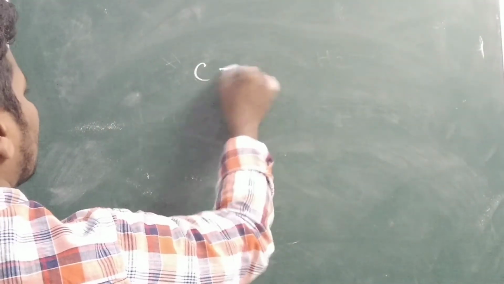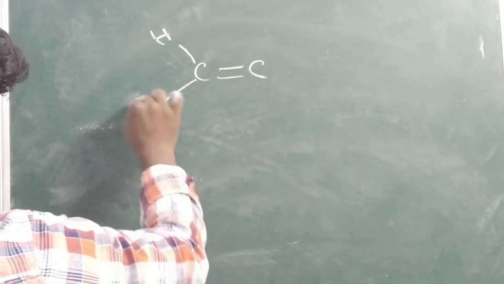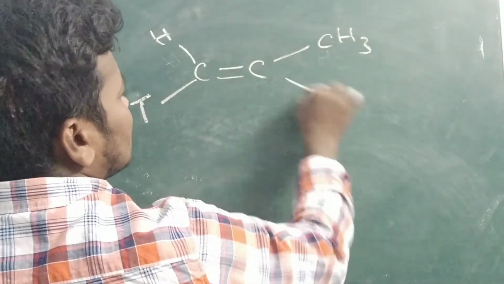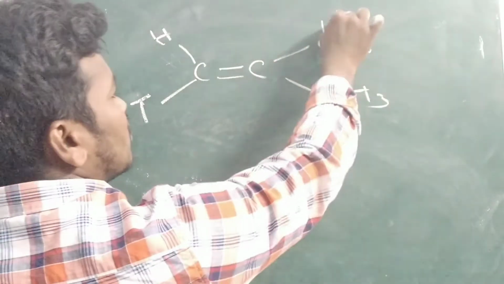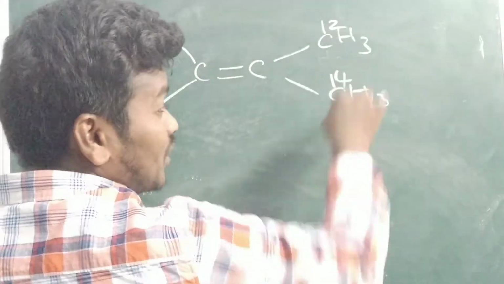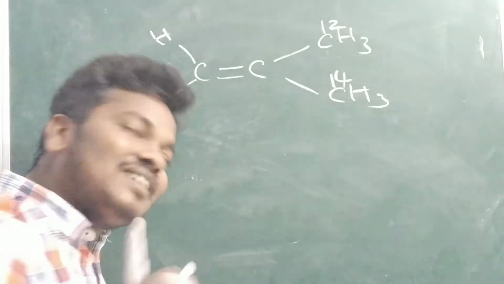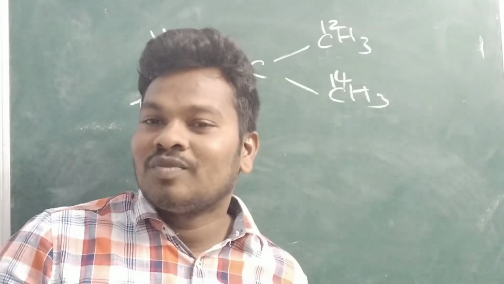So you can see carbon to carbon, here hydrogen, here I am taking tritium, here CH3, here CH3, same type. So here carbon 12 isotope, carbon 14 isotope. These two carbons are not similar. One carbon with isotope 12, one carbon with isotope 14.